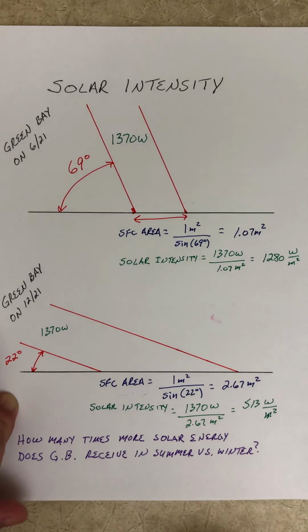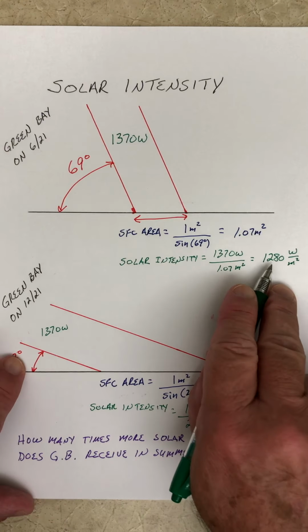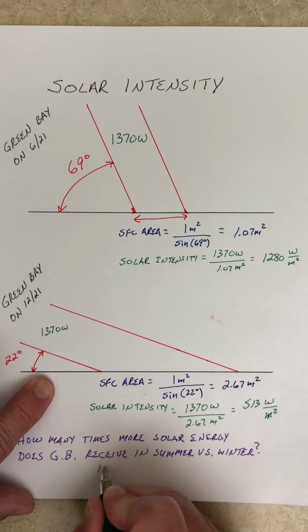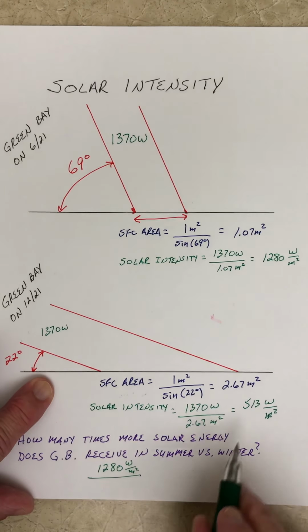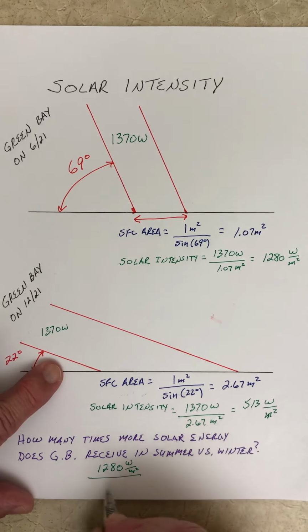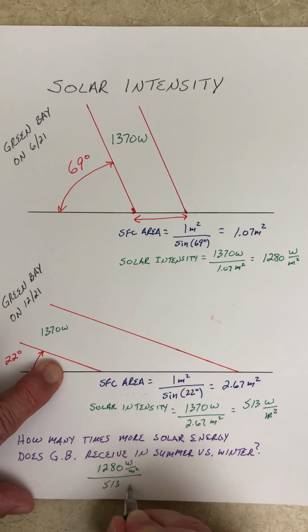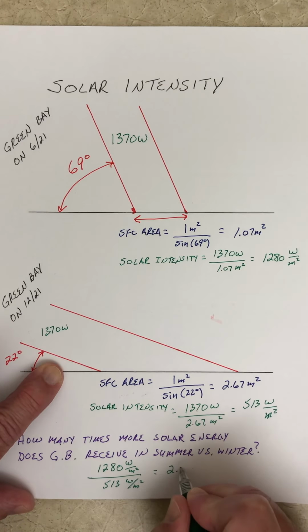To do that, all we have to do is take the energy that Green Bay receives on June 21st, 1,280 watts per meter squared, divided by how much energy it receives on December 21st, 513 watts per meter squared. If we do the math, this comes out to basically 2.5.